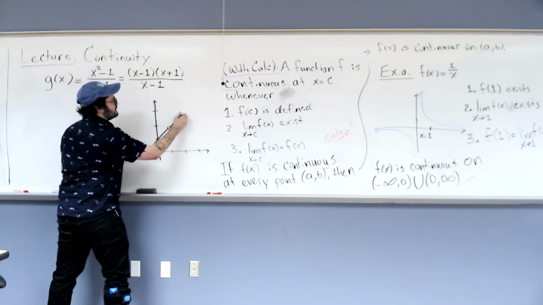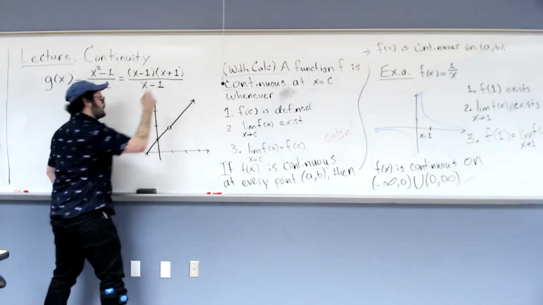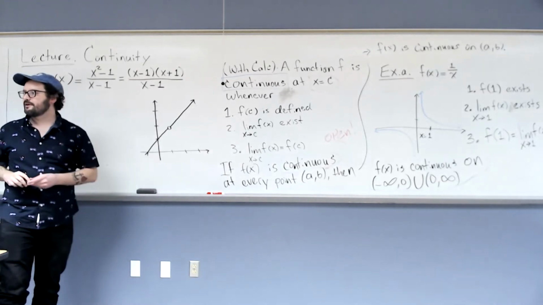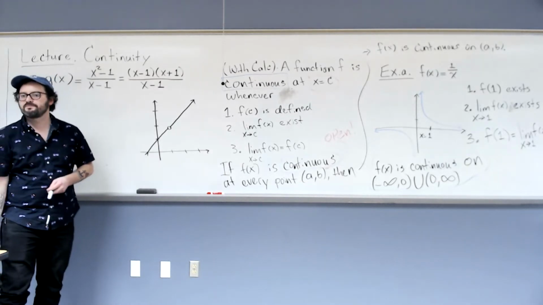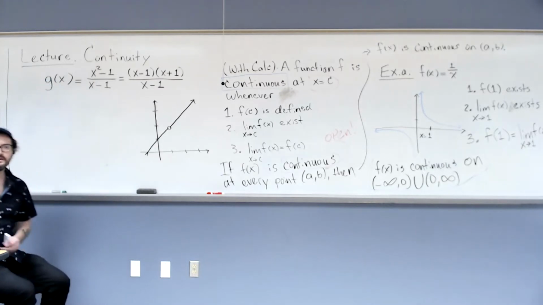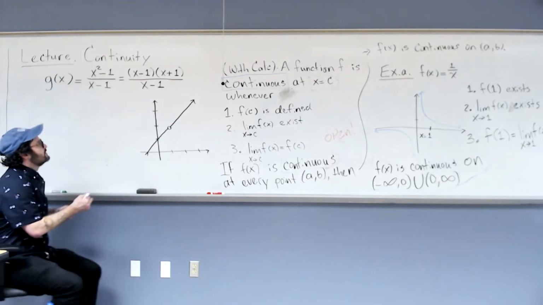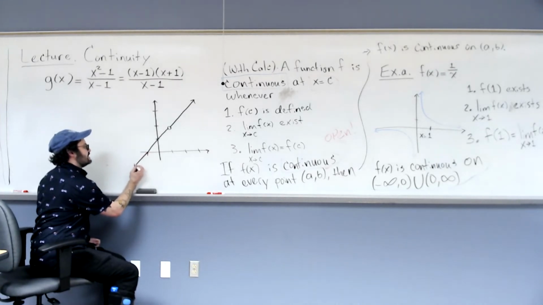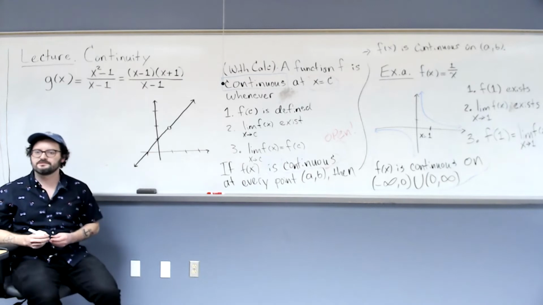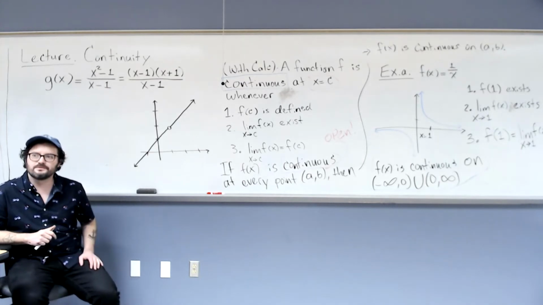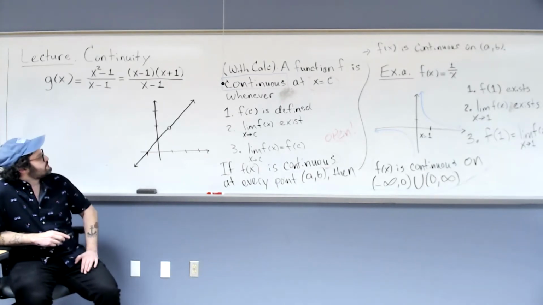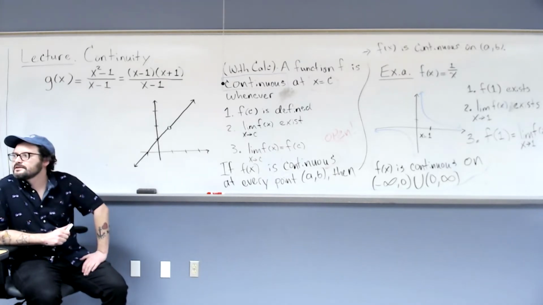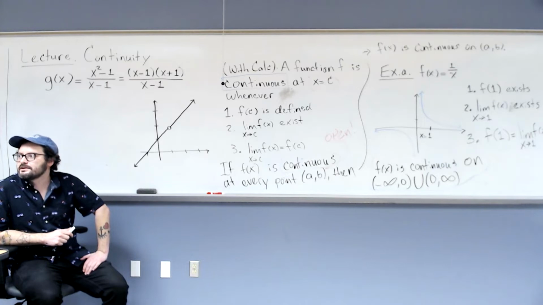There's a hole there, and that hole there is because the function is not defined at x equals 1, right? We have division by 0. So immediately, what do we know about the continuity of this function? It's not continuous where? At x equals 1, right? However, it looks like everywhere else, it is continuous, right?